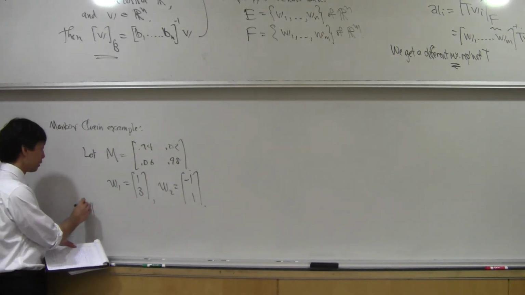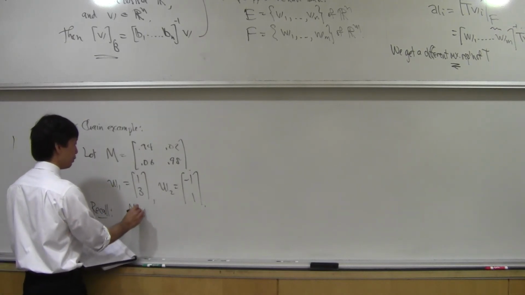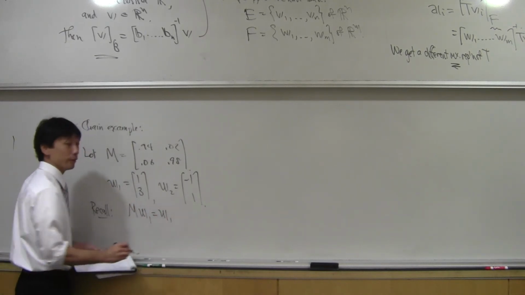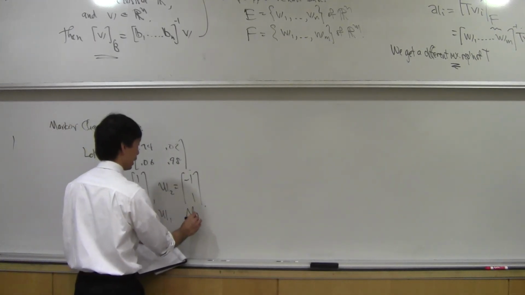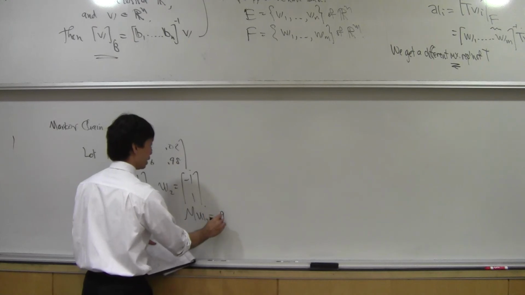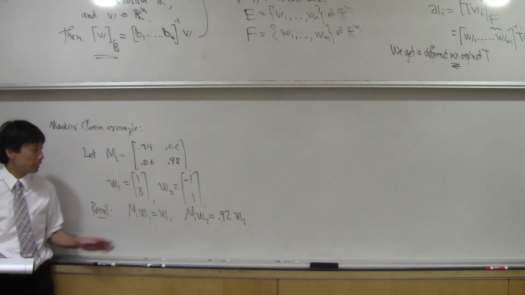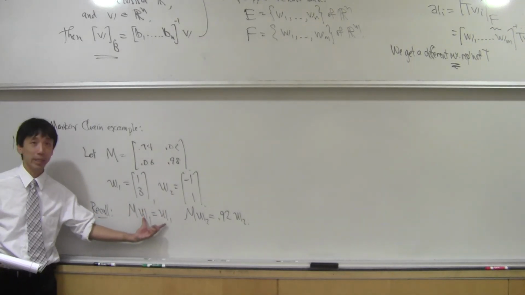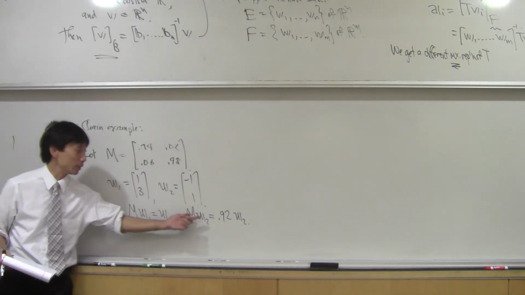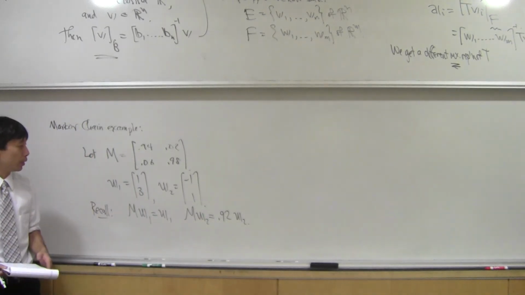You remember that M of U1 turned out to be U1 itself, and M of U2 turned out to be 0.92 of U2. These guys turned out to be eigenvectors. When you multiplied U1 by the matrix, nothing happened. When you multiplied U2 by the matrix, it got multiplied by 0.92.